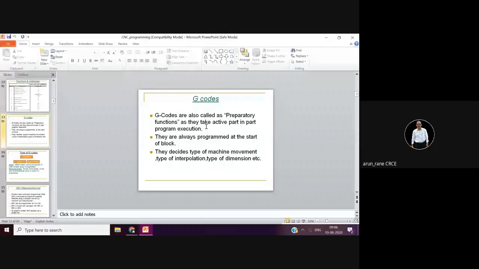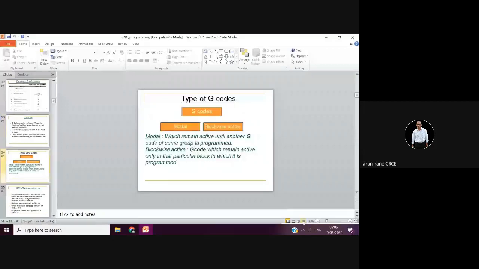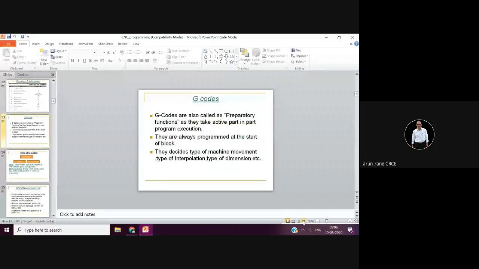The various codes are divided into G codes and M codes. G codes are also called the preparatory codes or preparatory function. Why? Because they prepare the machine for the operation.